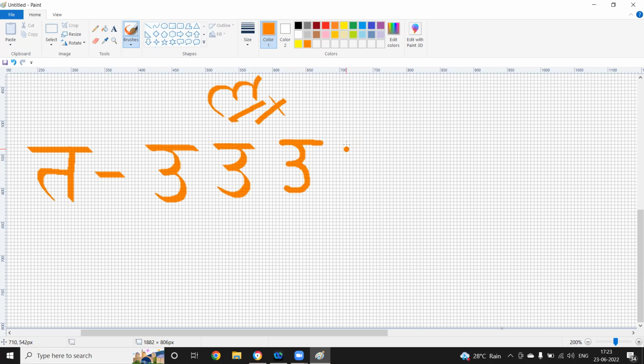In case of the swar u, which is somewhat similar, we extend this tail here, and then we have this triangle, this angled loop structure, on the top. But in this case, both the loops are rounded. There is no angled structure here, and we do not extend this tail.